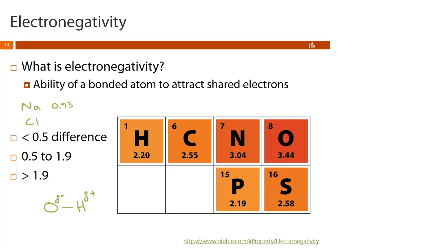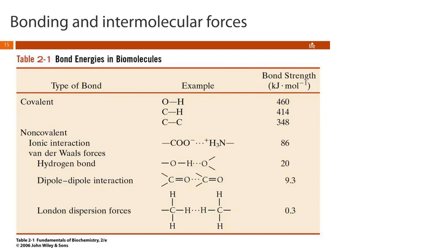Chlorine has an electronegativity of 3.16. So that difference is so big, bigger than 1.9, that they're not going to share valence electrons. Chlorine is just going to take sodium's 1 valence electron, and that's going to give us an ionic bond or an electrostatic interaction.